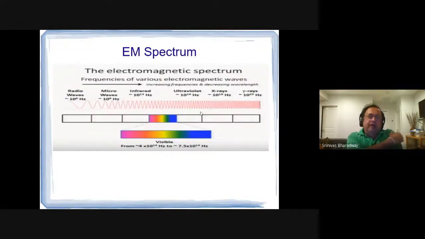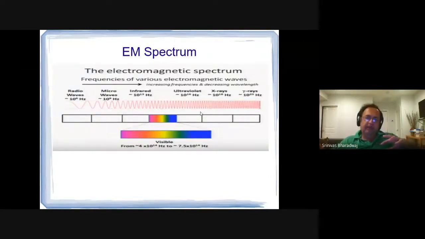Now when we talk of the electromagnetic spectrum, we have all these waves. You never have just one wave. In the light spectrum, we have so many waves. We have radio waves, microwaves, infrared, the visible spectrum, ultraviolet, X-rays, and gamma rays. Radio waves and microwaves are below infrared; X-rays and gamma rays are above infrared.